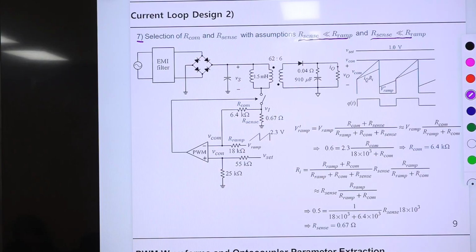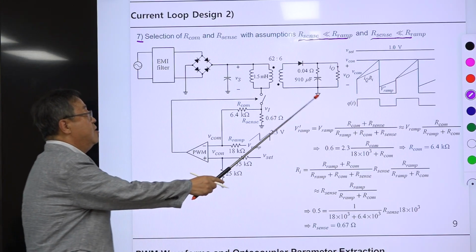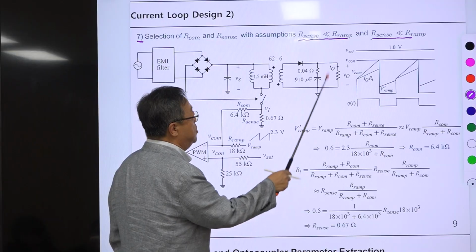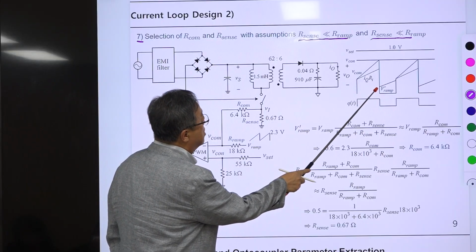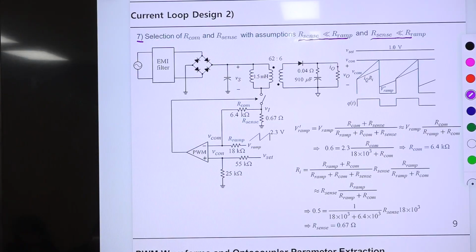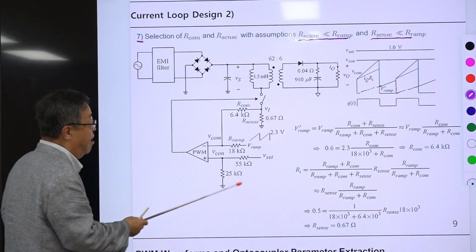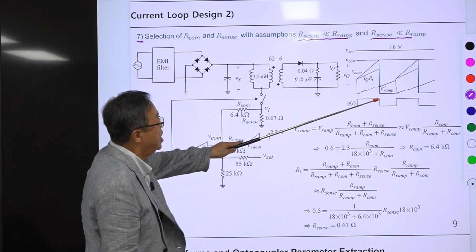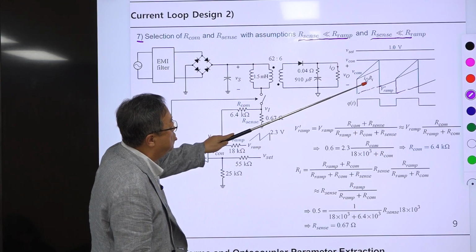Okay, and these are the parameters and the circuit diagram. This is the current feedback waveforms. This part is V ramp prime. So V ramp prime is this part. It's coming here and it's coming here like this, periodic. So it's a partial copy of V ramp. That is V ramp prime, and this part is IQRi.